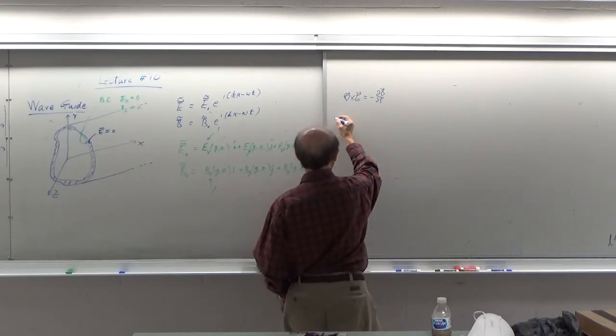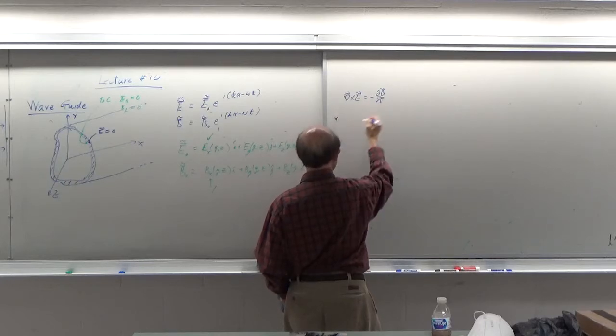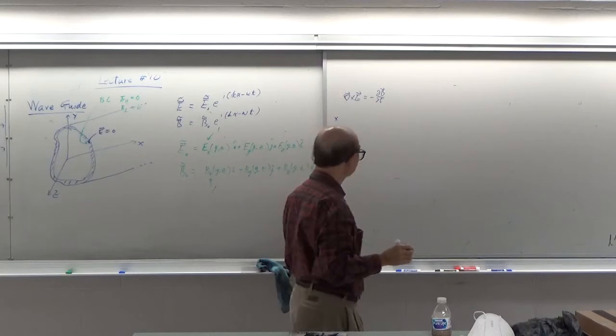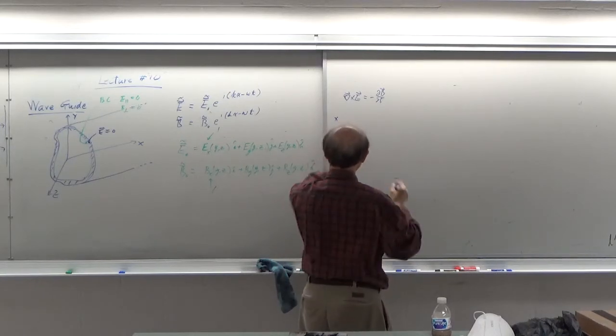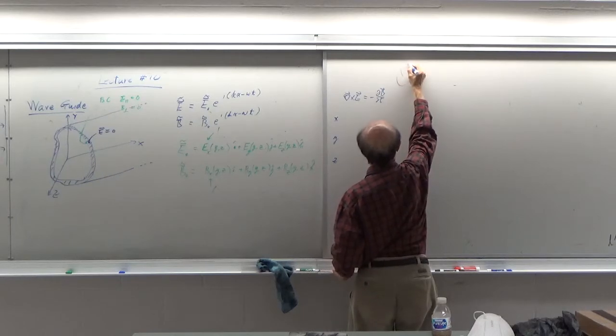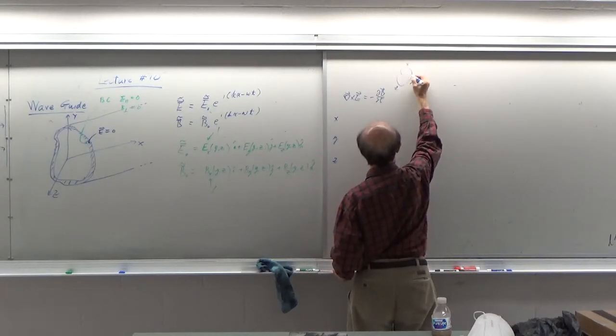So I will work out the x component of this equation, y component, and z component. The x component of this equation: obviously, it's a curl. I draw this x, y, z.